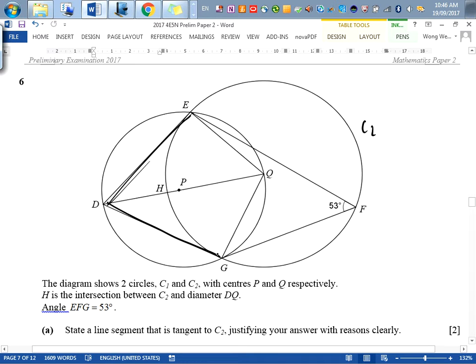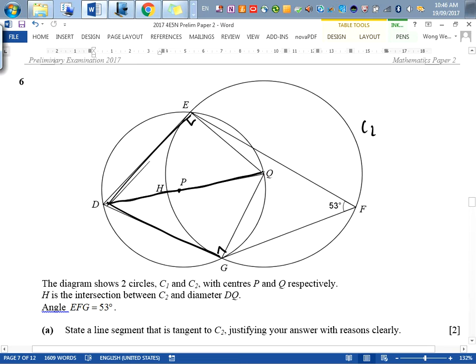What is the reason? Tangent lines are perpendicular to the radius of a circle. So in other words, I am asking you to prove that this is a right angle, either that or this one. How do we know that it is a right angle? It is because of the angle in a semicircle. This P over here is the center for the smaller circle.